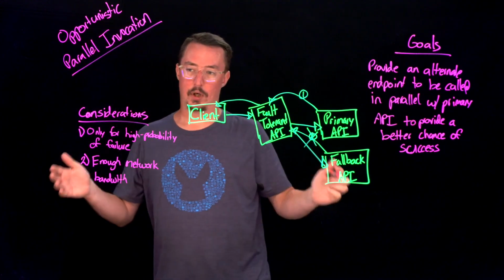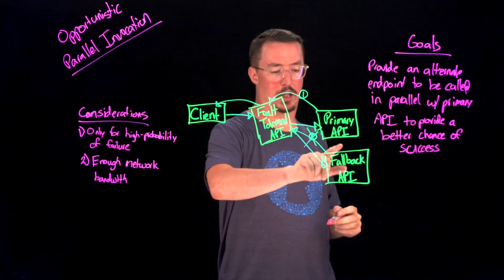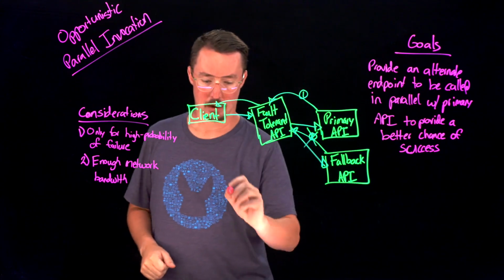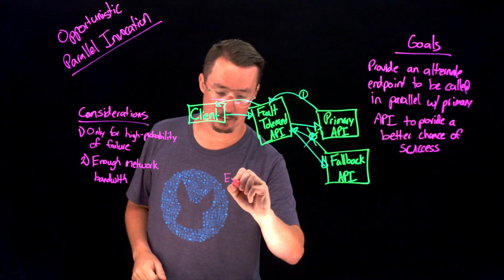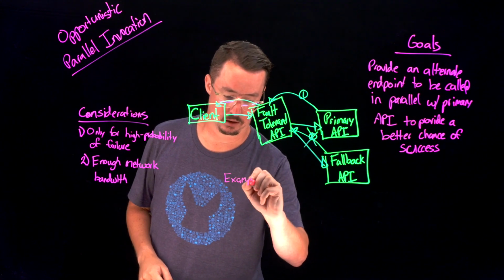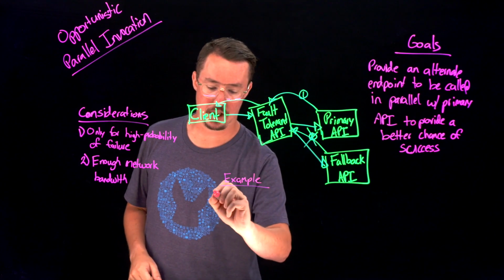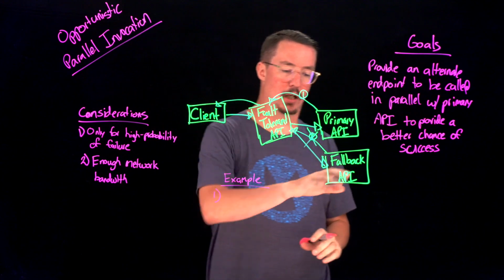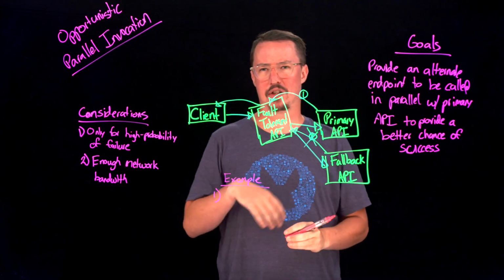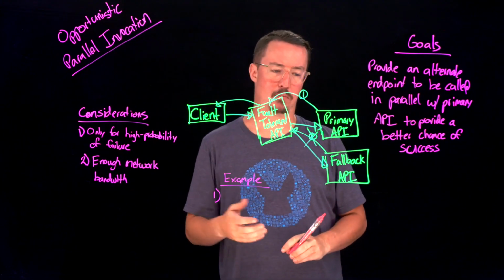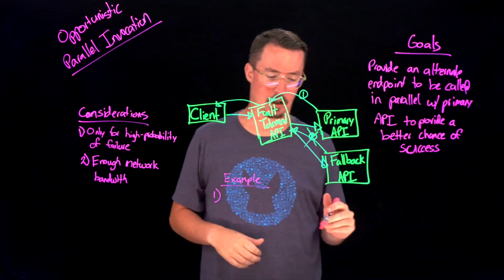Now, real quickly, let's discuss what is actually going to make a good fallback API. So, some examples of a fallback API could be, firstly, a deprecated API that maybe we just added a little extra performance improvements and things like that to the primary API.